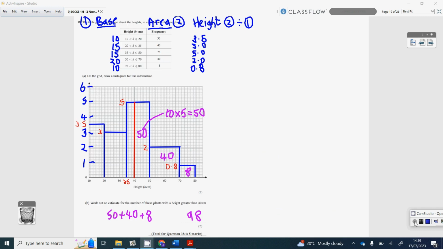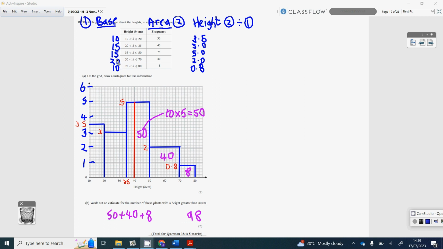Now, with histogram questions, remember that the frequency, so the various totals, is represented by the area of each bar. Now, each of the bars are rectangles, so it's just basically areas of rectangles, base times height equaling area. So for the first row, we're going from 10 to 20, so that's a range of 10. Then we're going from 20 to 35, so that's 15, 35 to 50 is 15, and so on.